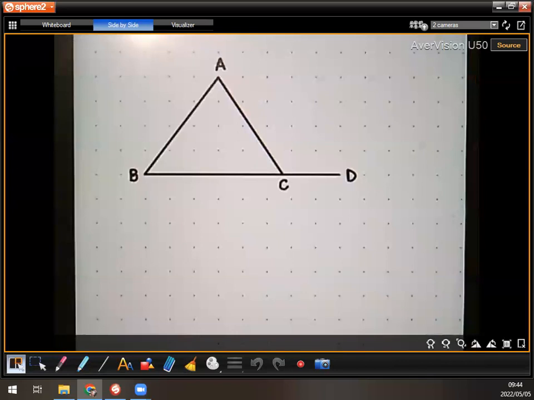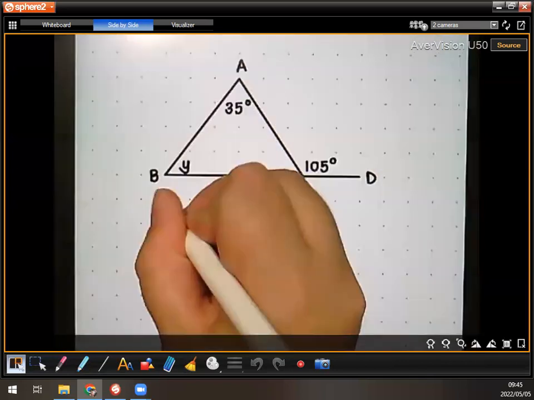So if you're done copying that down, you can draw the next one so long. Okay, that is the next one.